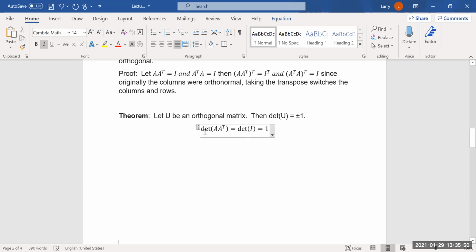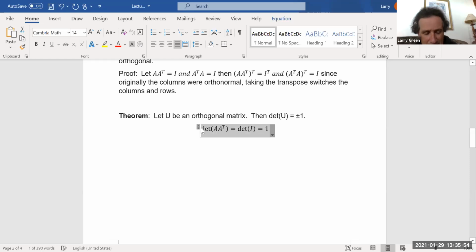Okay, but what we can now say is the determinant of A times A transpose, which is 1, because we found that out, is equal to the determinant of A times the determinant of A transpose. That was a theorem we had about determinants.